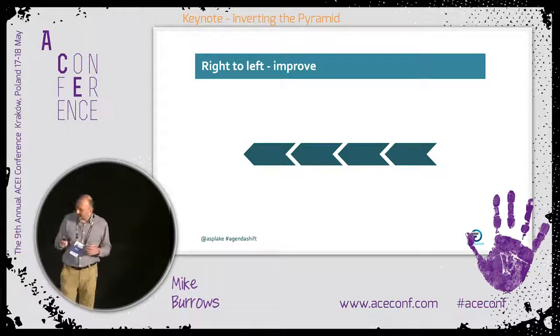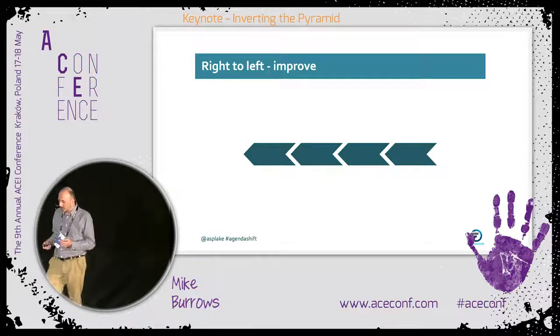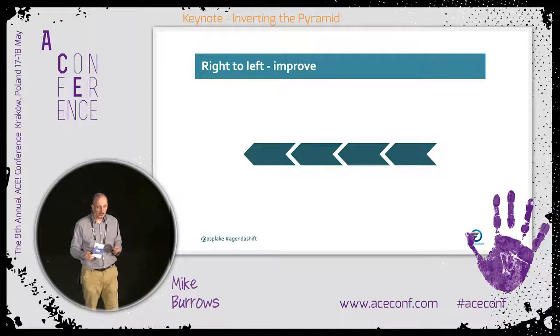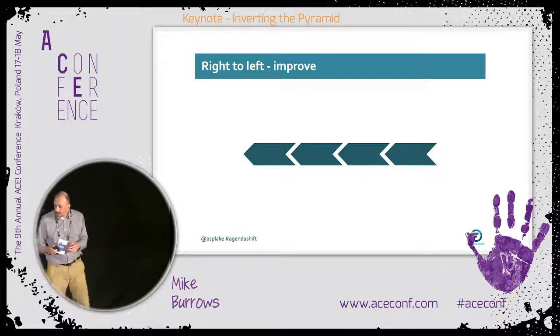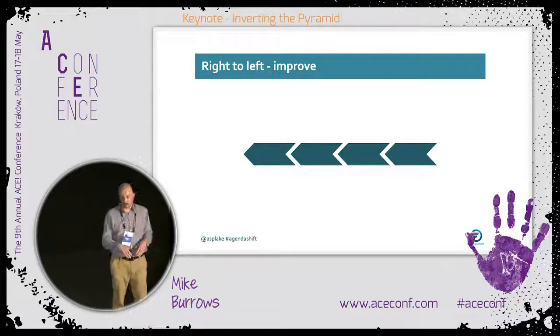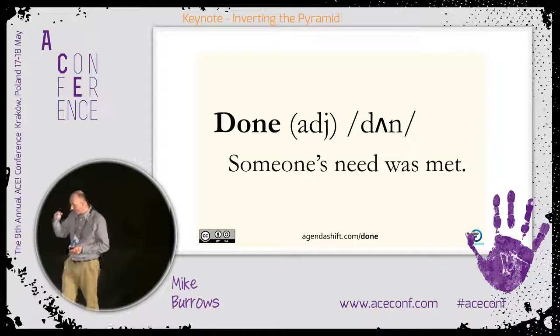Do we have a really slick deployment pipeline, development pipeline, and so on? Are we really careful to only take on work when we have the capacity to do it, when we understand what's involved, and so on? And do we have a clear understanding of what's coming next and why we might want to do it? So that's right to left.